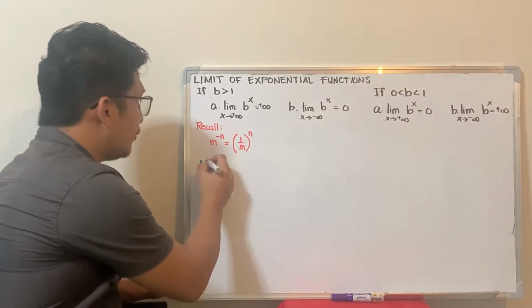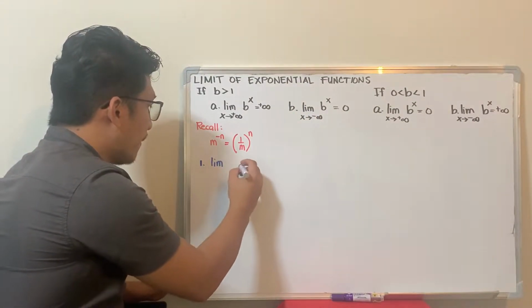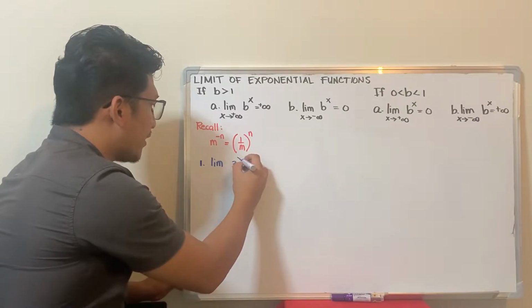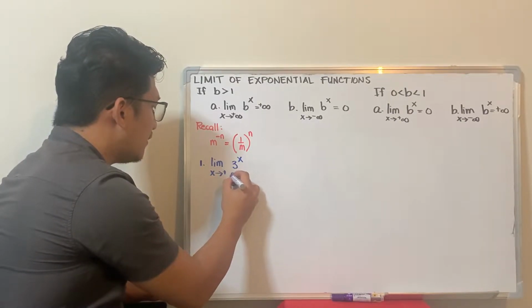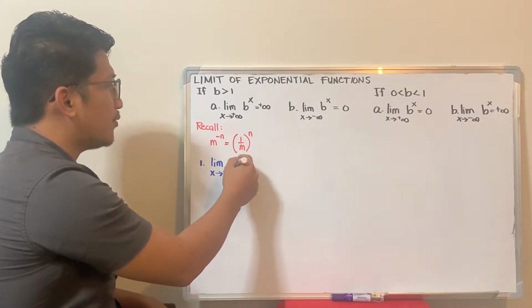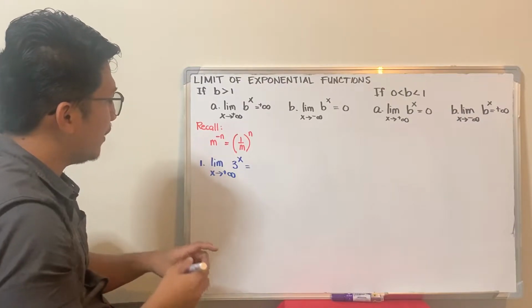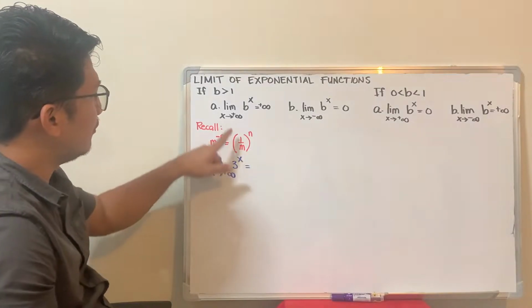Number 1, using these conditions, let's say you are to solve for the limit of 3 raised to x as x approaches positive infinity. Of course, this one is an exponential function. What you will do is look at the base. The base is 3, which is greater than 1.